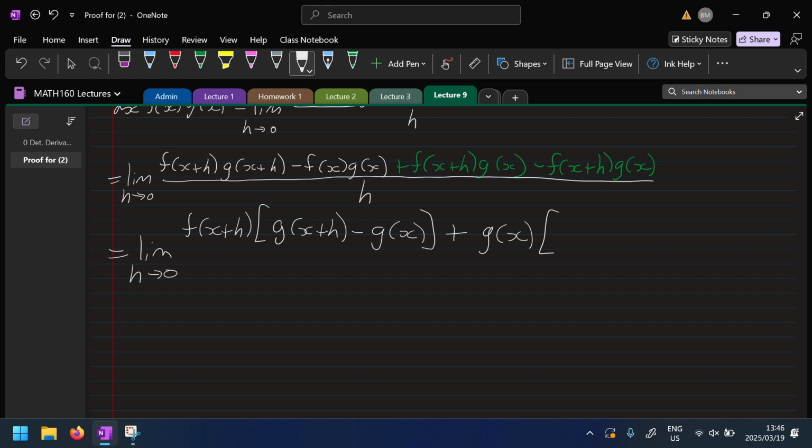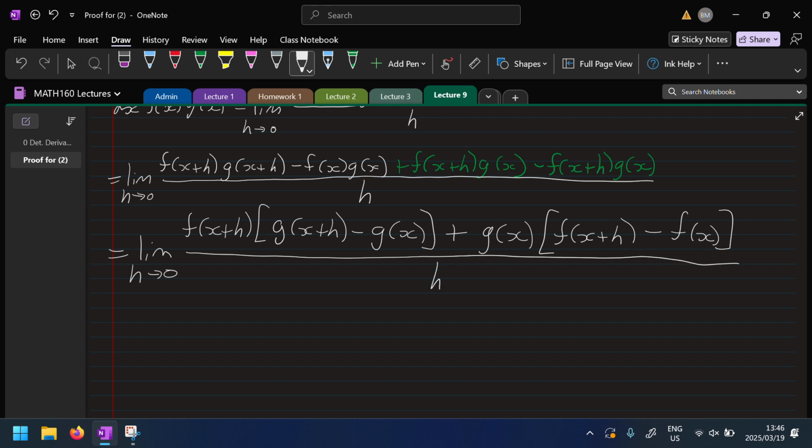So let's look at the terms with g of x that's left over. It's going to be that second to last term, that comes with a g of x. Okay, minus, and then that second term in white there, that also comes with a g of x. Okay, and all of this here is still divided by h.